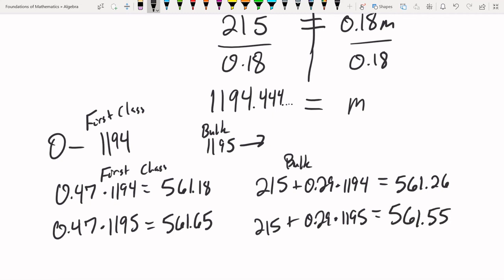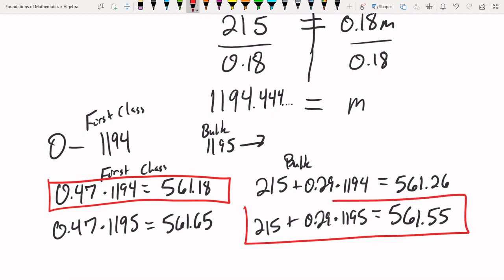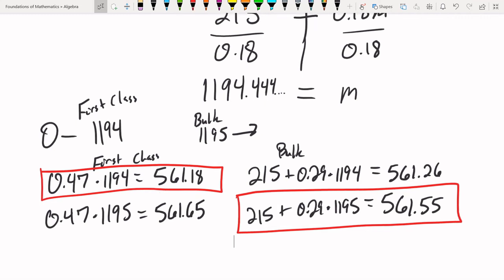Now the bulk rate is cheaper. In the previous case, the first class was cheaper. Now the bulk rate is cheaper by 10 cents. So that's the breaking point right there. Which means if she plans on sending out 500 letters, she should definitely just use first class. If she plans on sending out 2,500 letters, then the bulk rate is going to be cheaper.